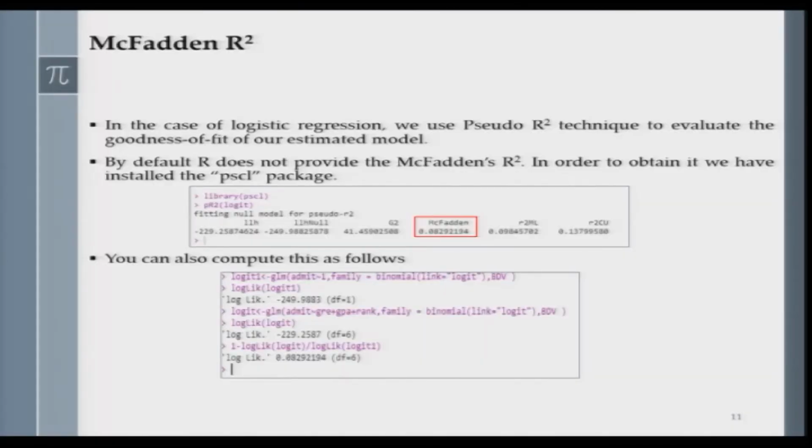Now, if this PSCL package is not available, or you have some problem with it, how can you get a measure for McFadden R square? If you jog your memory, you will remember that we have spoken about the formula of McFadden pseudo R square, and that is basically a comparison of two log likelihood numbers coming from two different models.